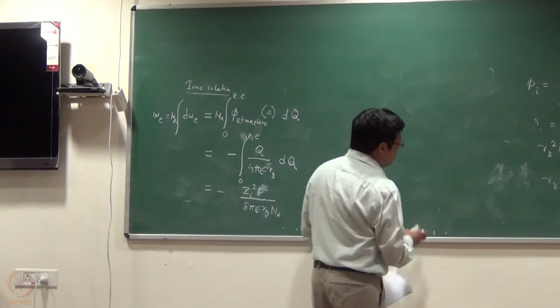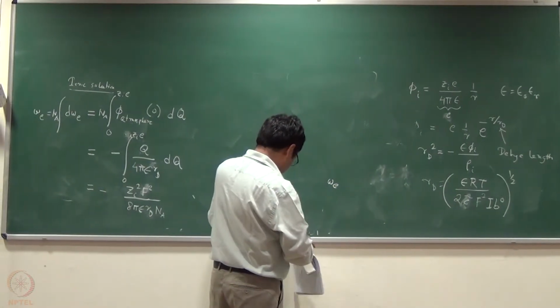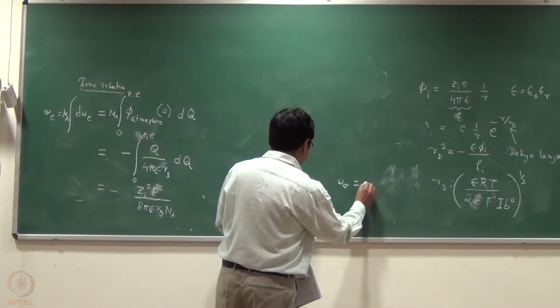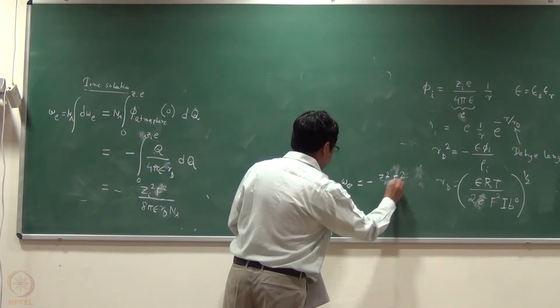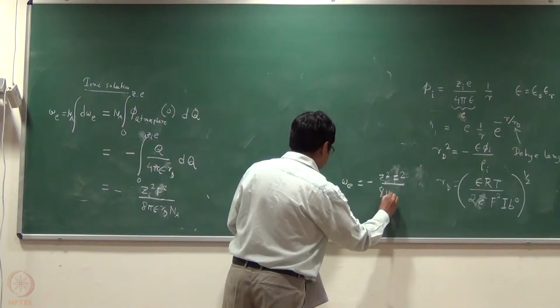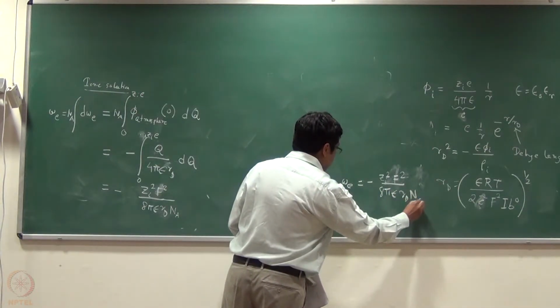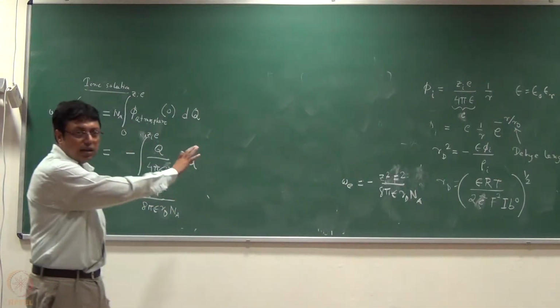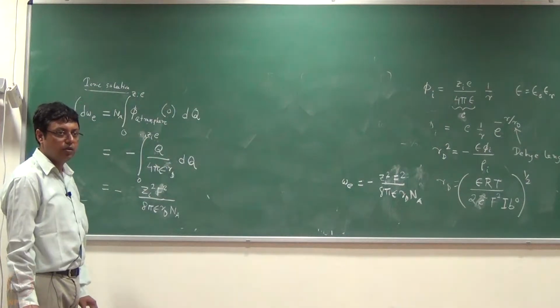W is basically minus Zi square F square divided by 8 pi epsilon RD Na. Fine. This is basically the electrical work done for 1 mole. Clear?